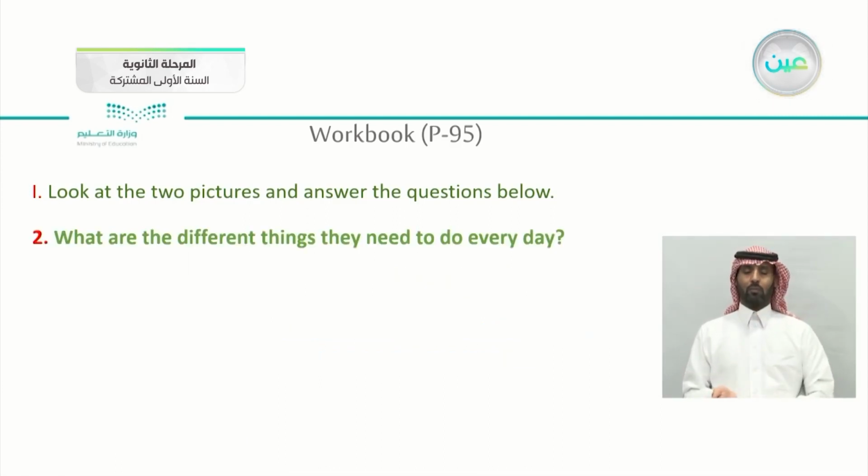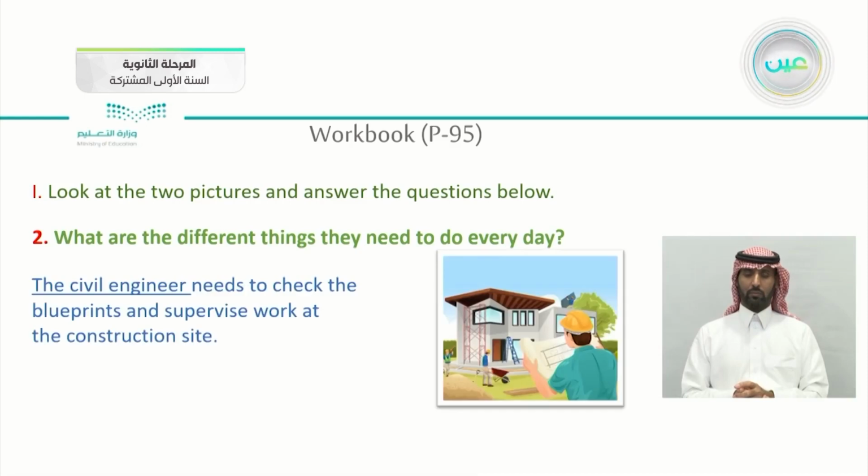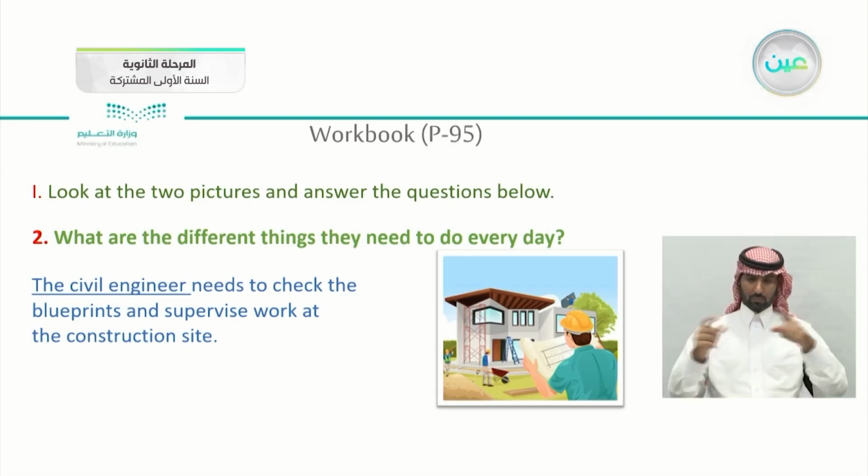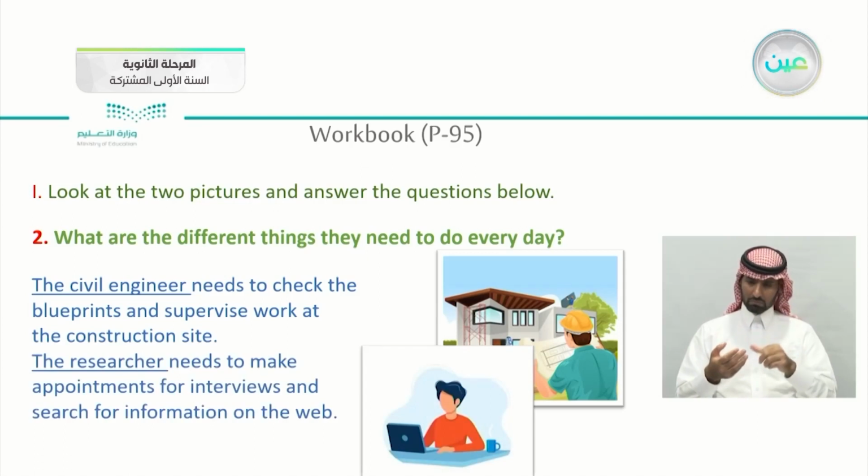How about what are the different things that they need to do every day? We will describe their job. So we will say the civil engineer needs to check blueprints, the maps, just like the one in here, and supervise work at the construction site. However, the researcher needs to make appointments for interviews and search for information on the web.